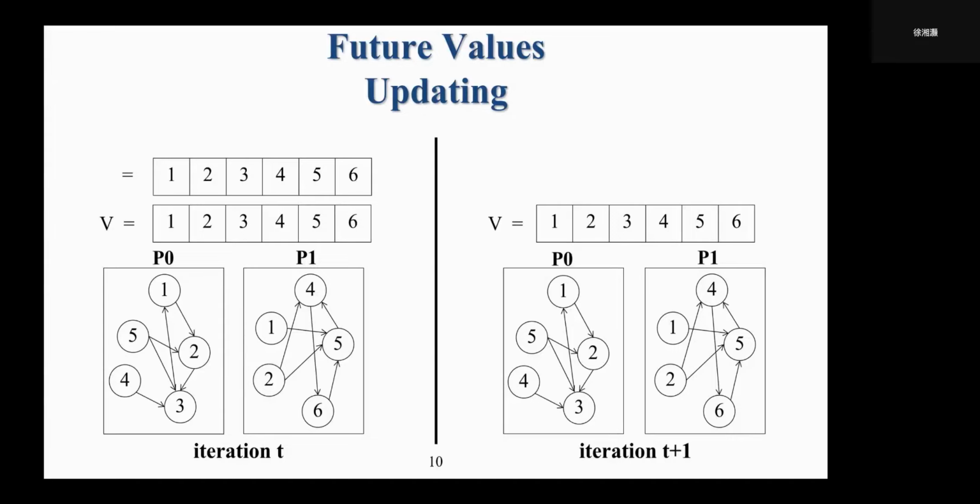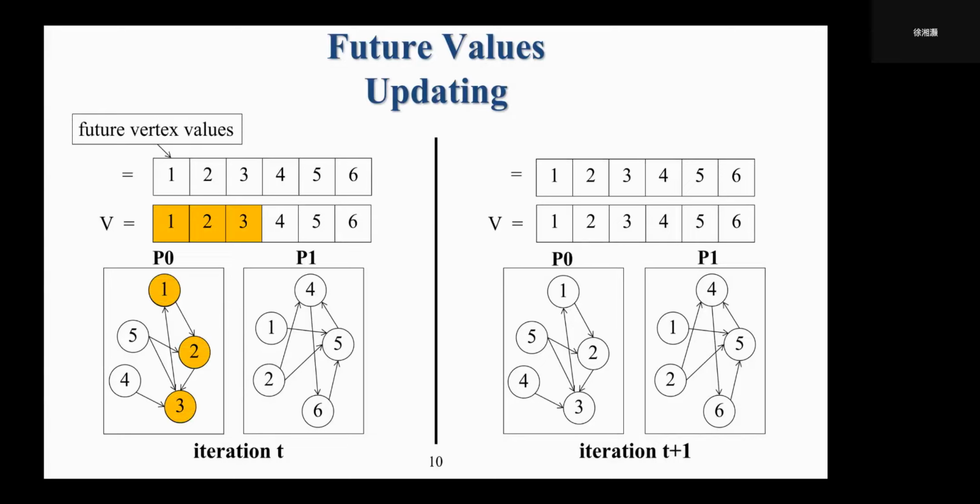In iteration t, after processing P0, the corresponding vertex interval, that is, vertex 1, 2, and 3, are also updated. Therefore, when processing P1, since the values of vertex 1 and 2 are already updated in the current iteration, the system can further use their values to update the values of vertex 4 and 5 in the next iteration.